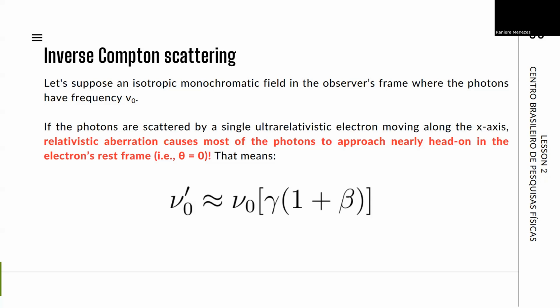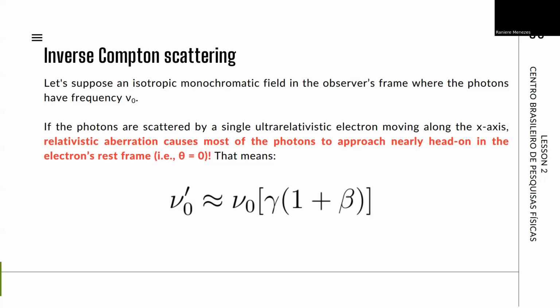If you are traveling close to the speed of light in your rocket, you will not see just what's in front of you, you can see things that are behind. Everything will be concentrated in front of you. The same will happen for the electron. The electron will think that what looks like an isotropic distribution in my frame will be a very concentrated distribution of photons in the electron frame.